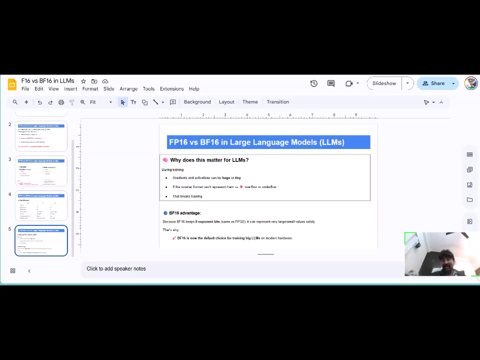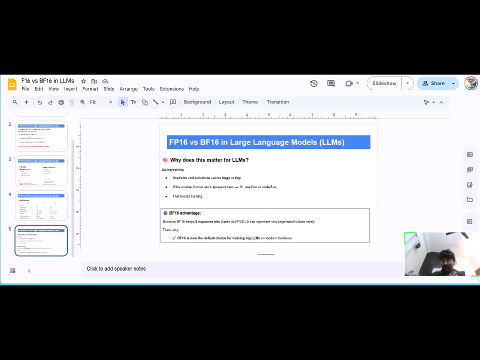Activations might also be tiny. If the number format can't represent them, then the problem is overflow or underflow. Overflow means it's beyond the 5-bit range. Underflow means it's too close to zero. So what will happen is your training breaks. If you want stable training, then you need this.